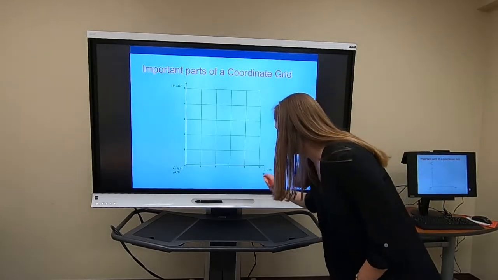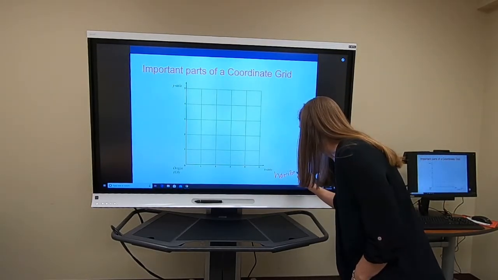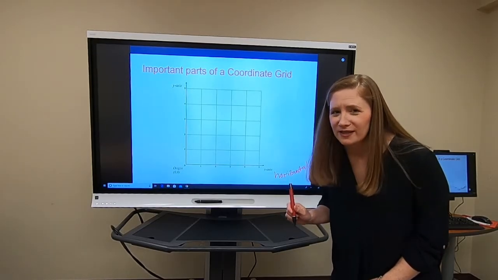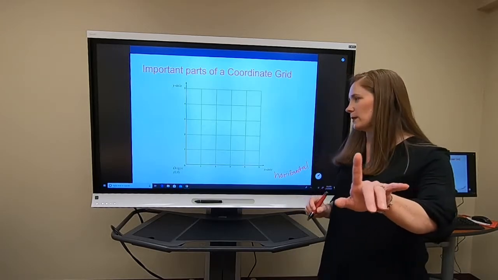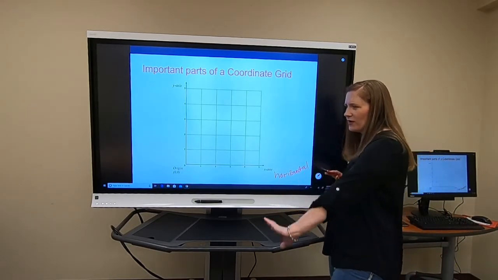Horizontal. You might want to write that down if you've got something to write with. It goes across.